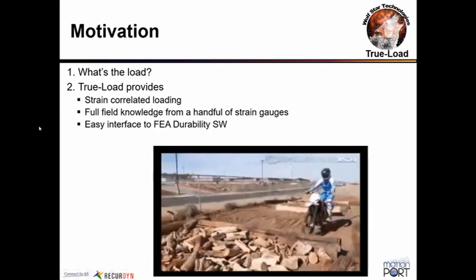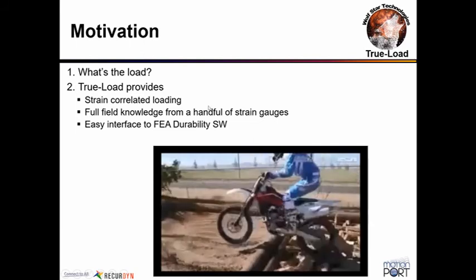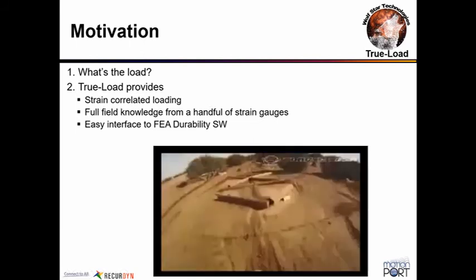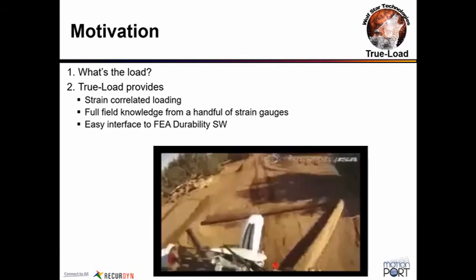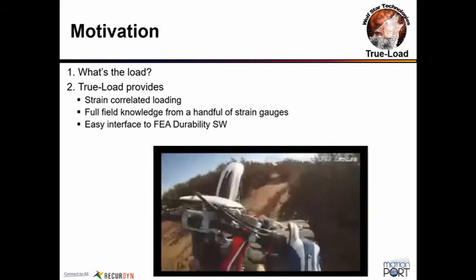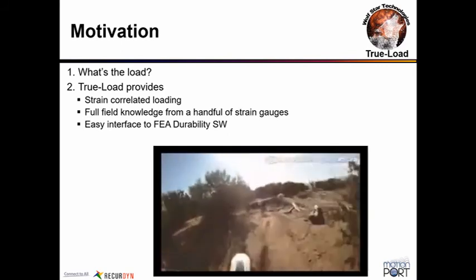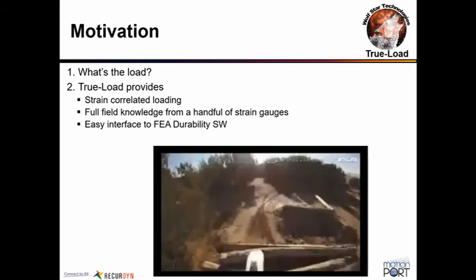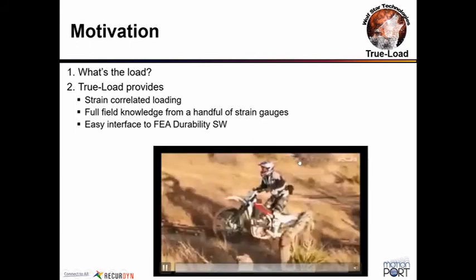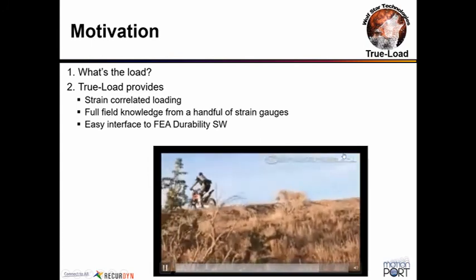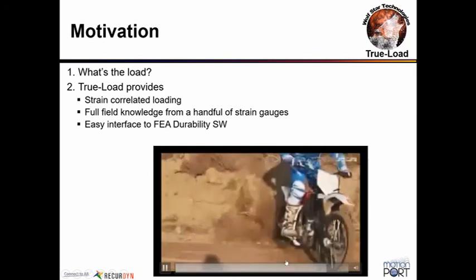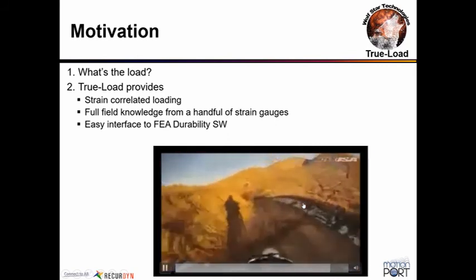And then from that handful of strain gauges, we use that information in conjunction with a finite element mesh, and we're able to gain full knowledge of what's happening with the vehicle, including the applied loads. And with some of these dynamic events, the instrumentation that might be trying to measure the loads could get saturated during some of these aggressive events.